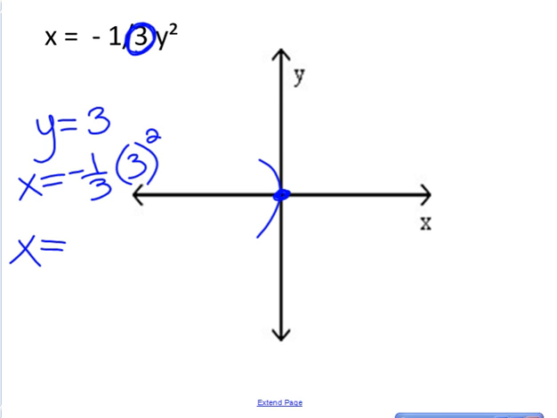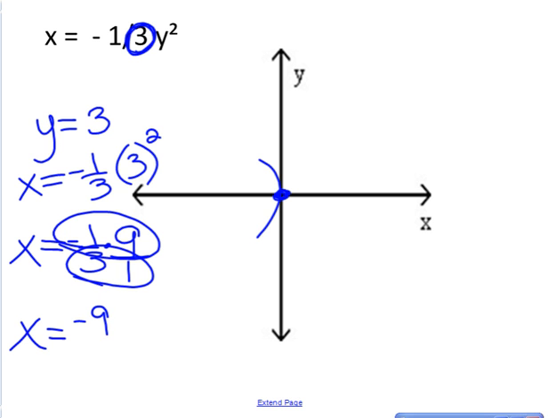Order of operations says you have to use exponents first. So negative 1/3 times 3 squared is 9. And if you recall, a fraction times a whole number, I have to put that over 1, multiply the tops, multiply the bottoms.